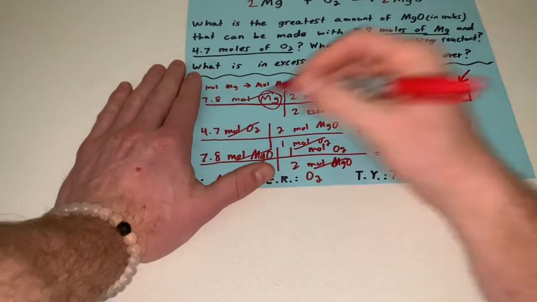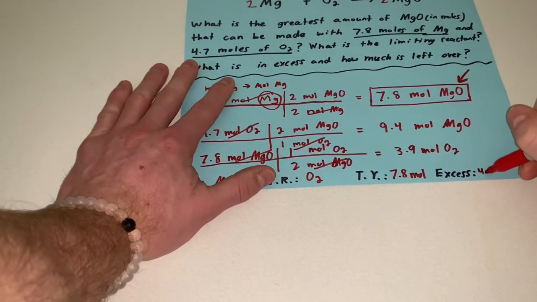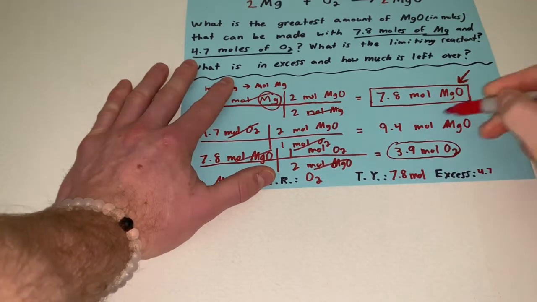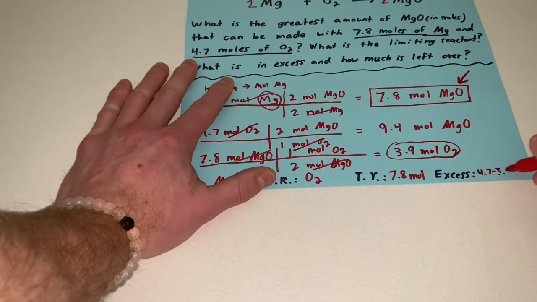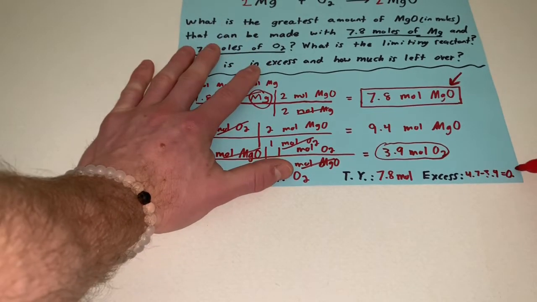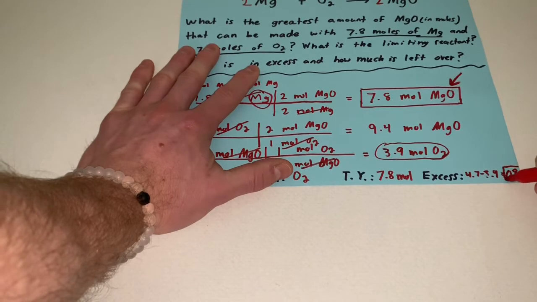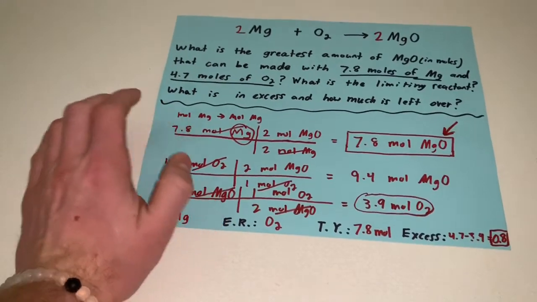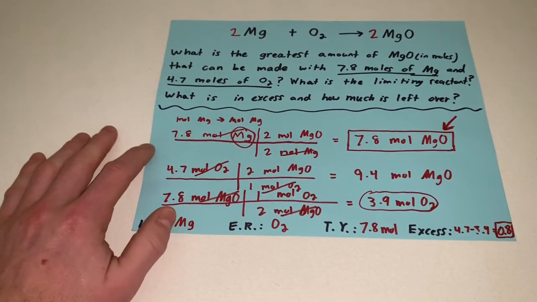So if I started with 4.7, I only need to use 3.9 for this reaction to take place. I'm going to subtract 3.9 from 4.7, and I'm able to determine that 0.8 moles of oxygen are actually going to be left over after that reaction takes place.